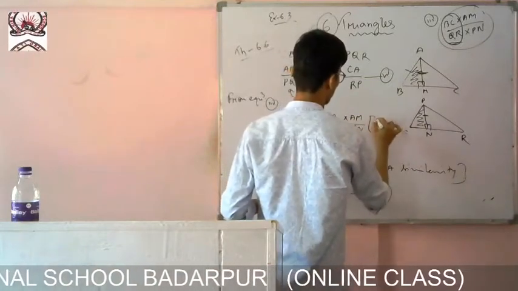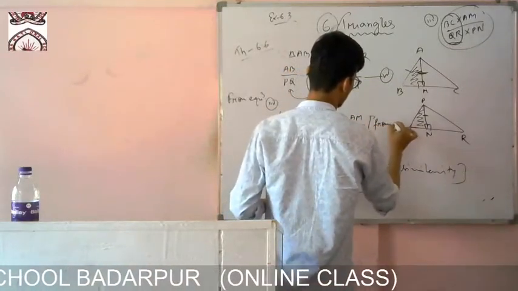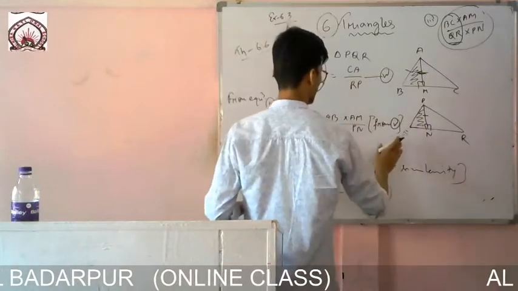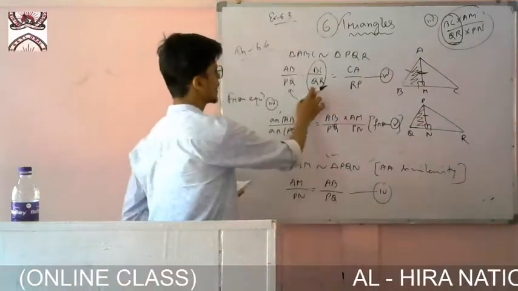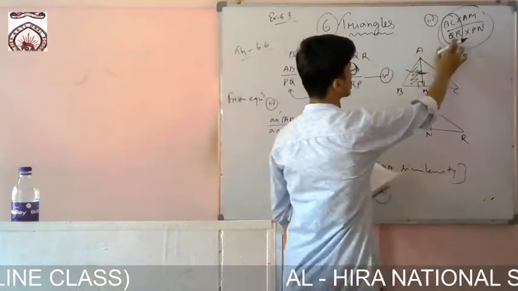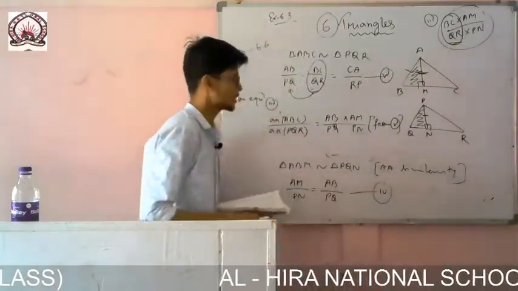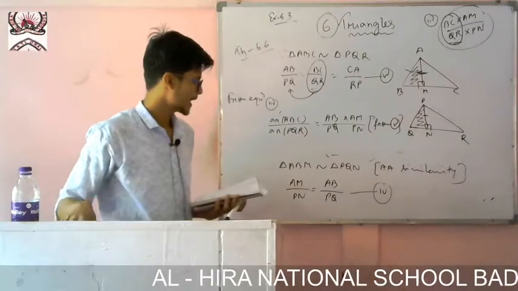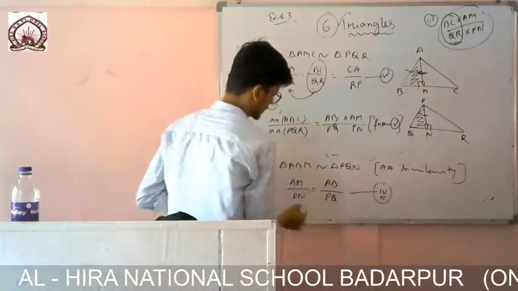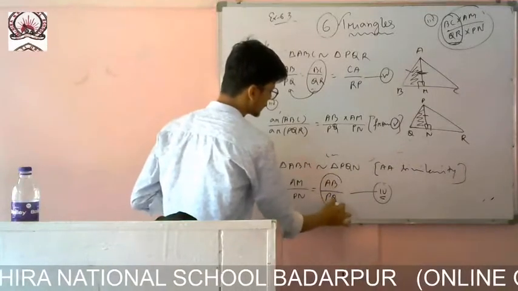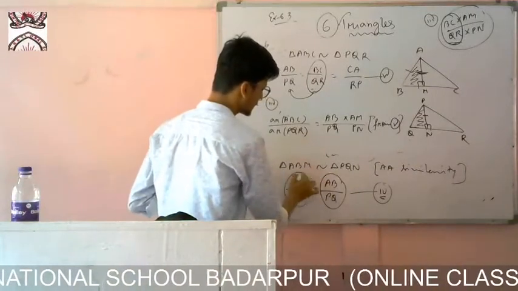From equation 5, in place of this one I have written this one, because in equation 3 this term is there, so I have written AB by PQ. Now what we proved in equation number 4 is that AB by PQ is equal to AM by PN.